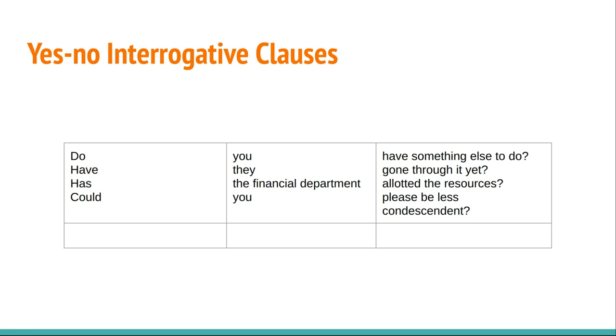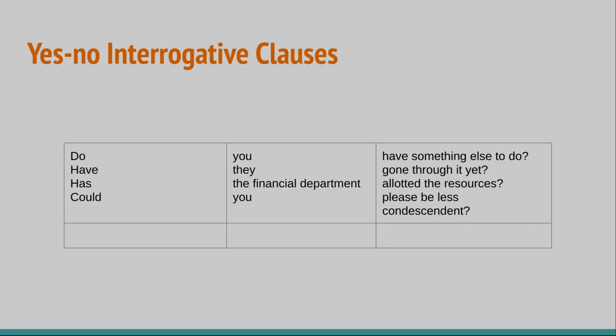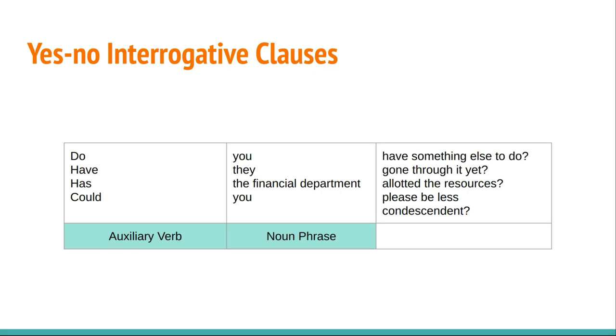Now, whenever we have something like this, do you, have they, has the financial department, could you, what we have there is a verb phrase, auxiliary verb, followed by a noun phrase. And this indicates that we have a yes no interrogative in this case. Whenever we start with auxiliary and follow it with a noun phrase, this is a yes no interrogative.